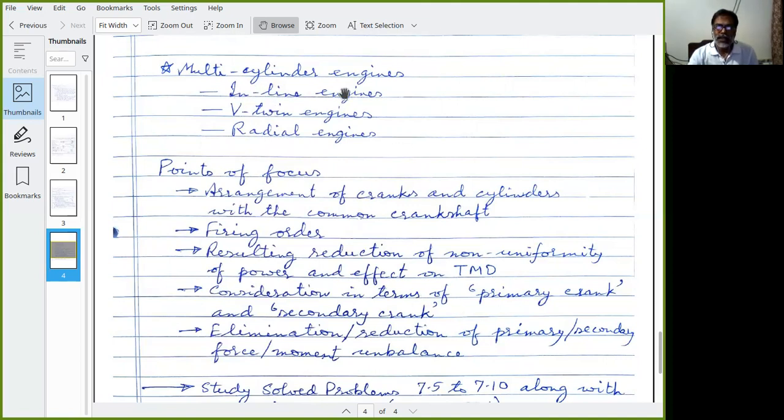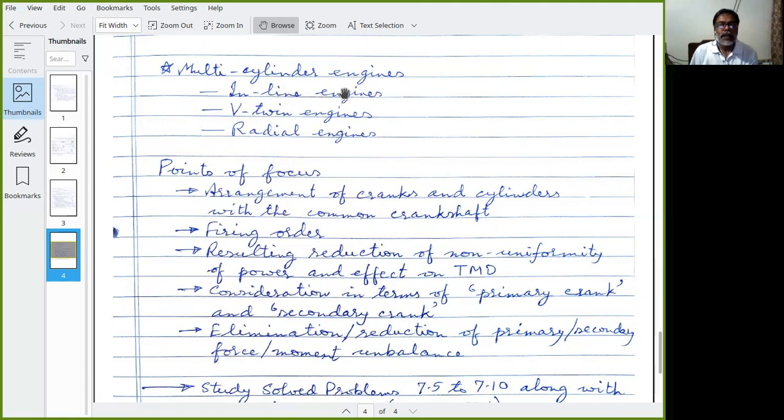One is inline engines, in which the several cylinders with their respective pistons are aligned in parallel lines, and they all feed to a single crankshaft which is in the perpendicular direction.